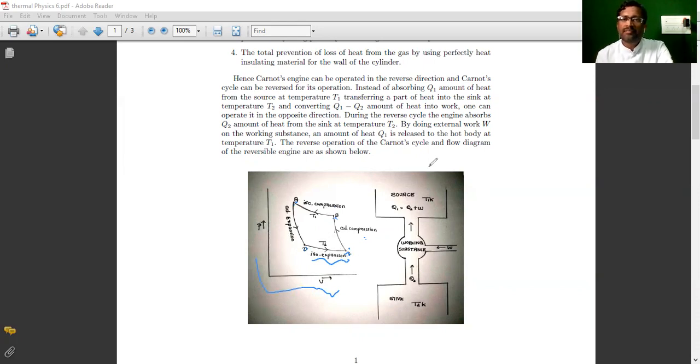Now the flow diagram, we have already described the reverse process, and its flow diagram is given here. You can check here.